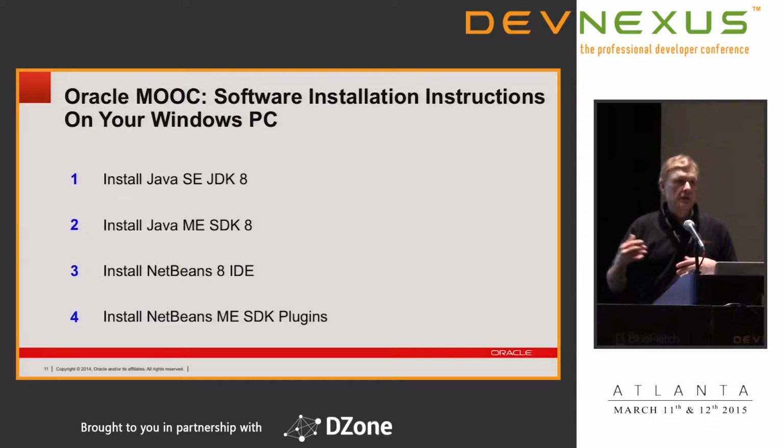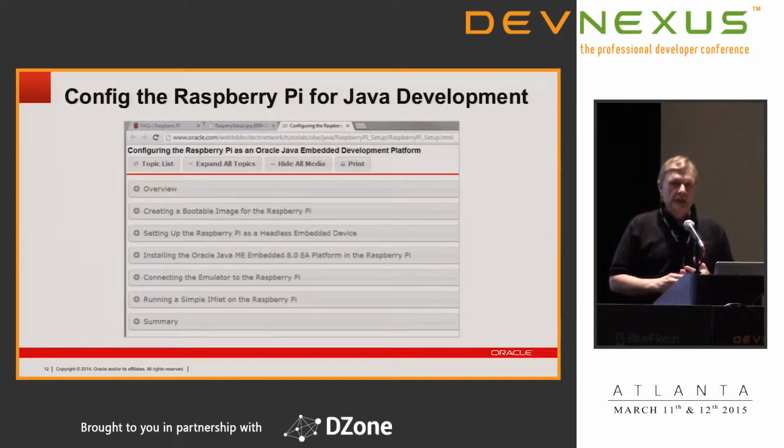So in this case, the Raspberry Pi is hooked up. When you compile and run this application, it deploys to the Pi automatically, so you don't have to FTP it over or something. And in the MOOC, it goes through all the steps of configuring the Raspberry Pi for Java development.